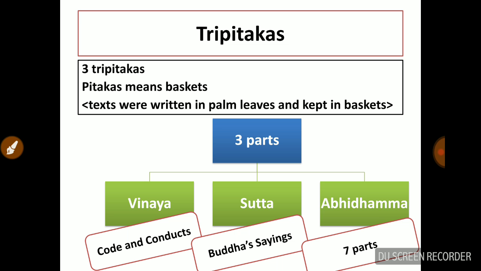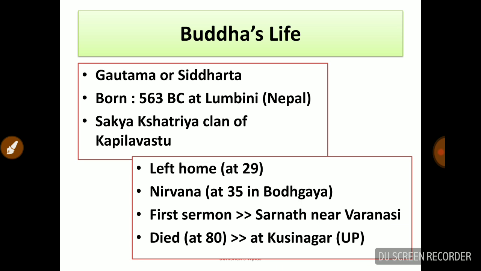The third one is Abhidhamma Pitaka, which is again classified into 7 categories. They kept all the points related to the literature, stories and parts with the Abhidhamma Pitaka. So basically there are 3 types of Pitakas: Sutta Pitaka, Vinaya Pitaka, and Abhidhamma Pitaka.